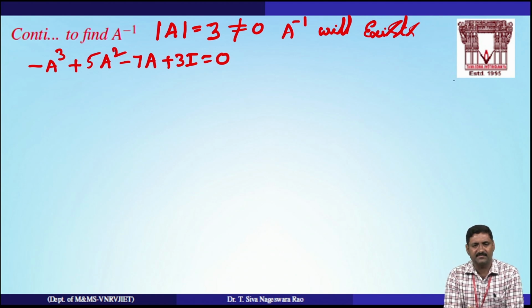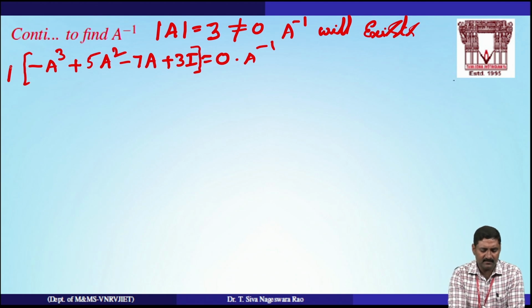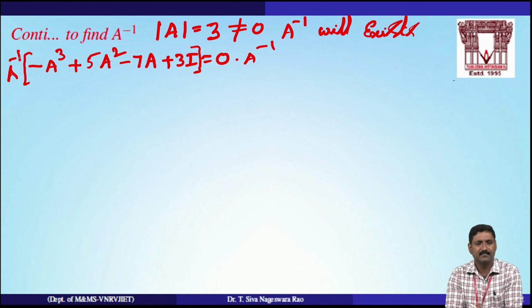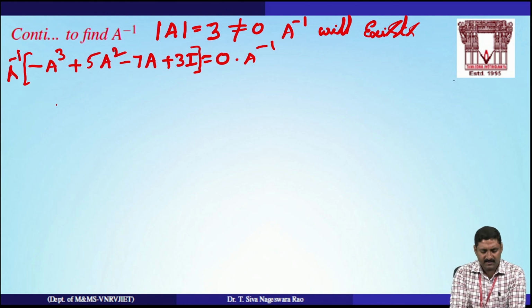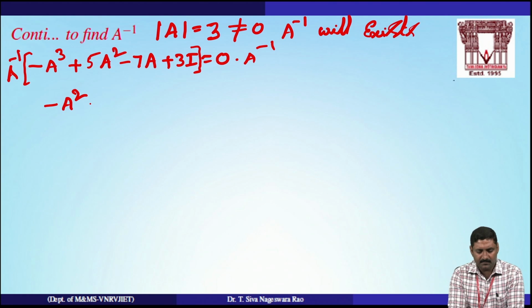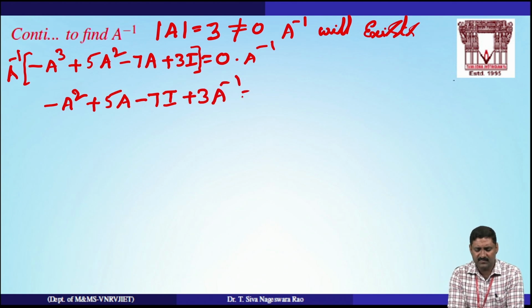On both sides of this matrix equation, multiply with A inverse. Then what you will get? Minus A square plus 5A minus 7I plus 3 into A inverse is equal to O.